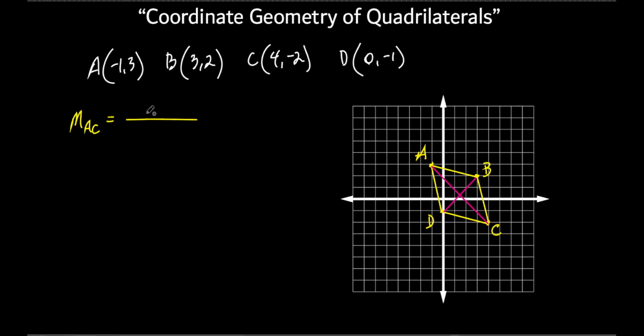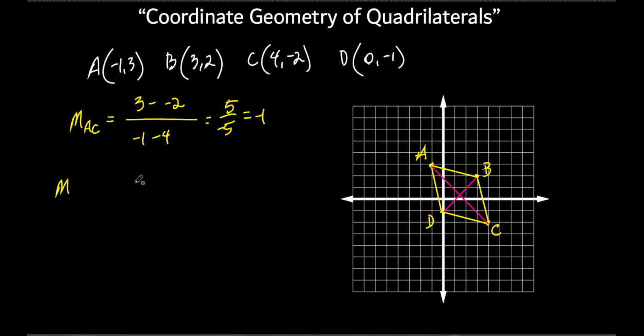I subtract the y's, okay? So here's A and here's C. Let's subtract the y's. What's that going to be? 3 minus negative 2. Then subtract the x's of AC. That's negative 1 minus 4. So let's see what we get. What's that? 5 over negative 5. What's the slope? Negative 1. So the slope of AC is negative 1.